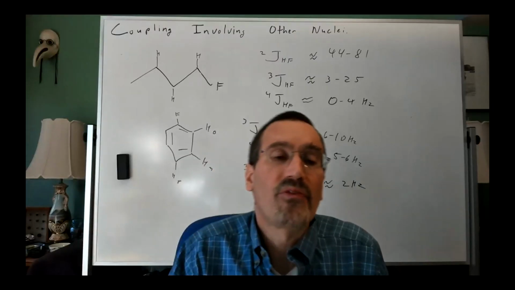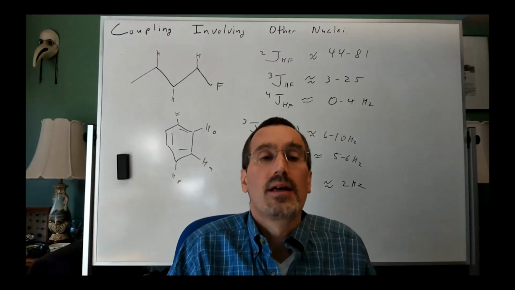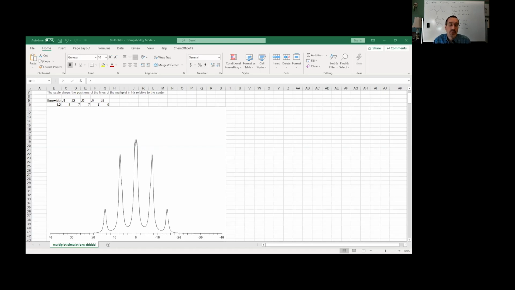Now leave that up for a second, James. Sure thing. So what I've done in writing this spreadsheet was I put in a typical line width that's the product of relaxation times, and we'll be talking more about that in dynamic NMR, as well as the limits of magnetic homogeneity and digital resolution. If the peaks were a little bit broader, you can put in 1.5 or 1.7.